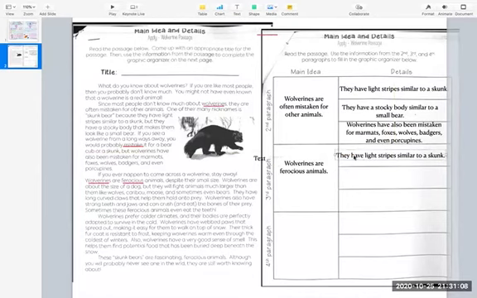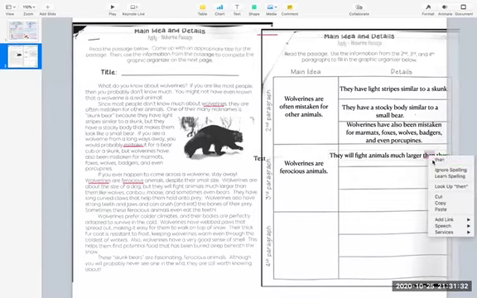I'm going to do some copy pasting. I'm going to do some deleting. They will fight animals much larger than them. What a mean little animal. Whoops, than them.